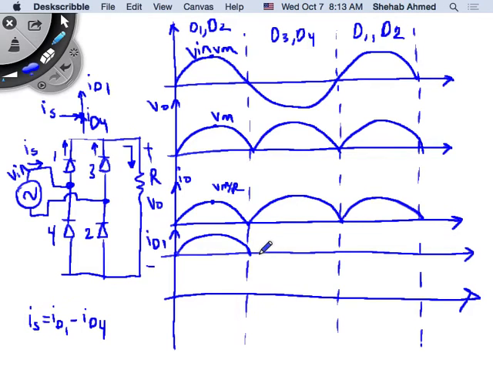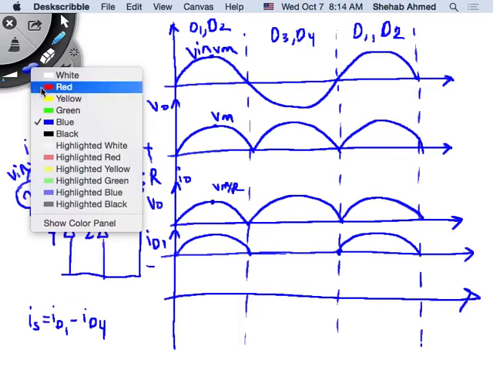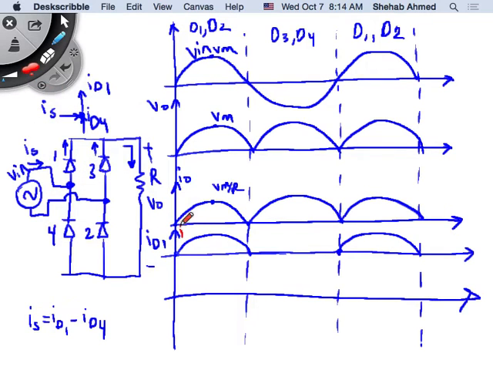How about in the second half cycle? What does ID1 look like? It's 0, and then it repeats again in the next half cycle. So this is ID1. Then let me draw ID4 in red. What is ID4 in the first half cycle?